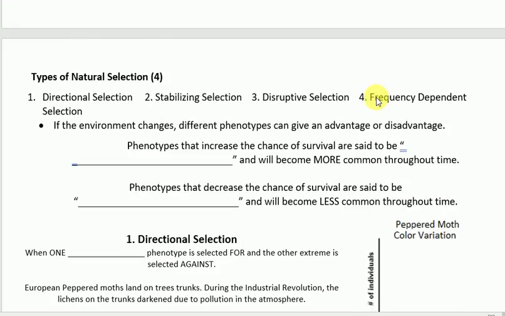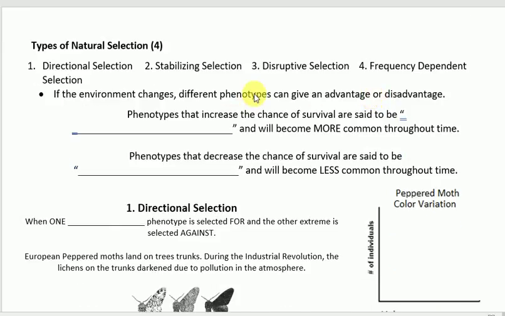Okay, so there's 4 types of natural selection we're going to look at. We've got directional, stabilizing, disruptive, and frequency dependent. So if the environment changes, different phenotypes can give an advantage or disadvantage.